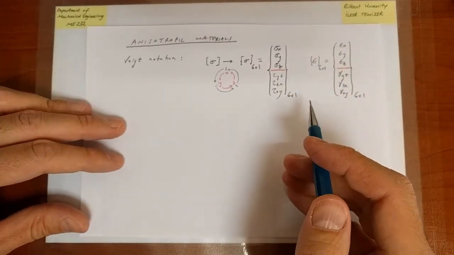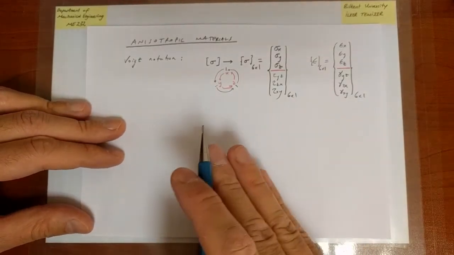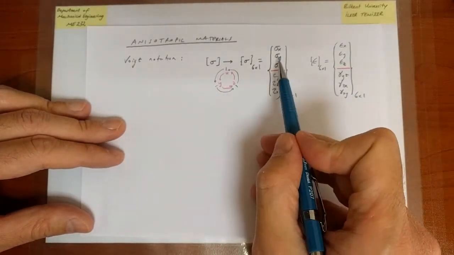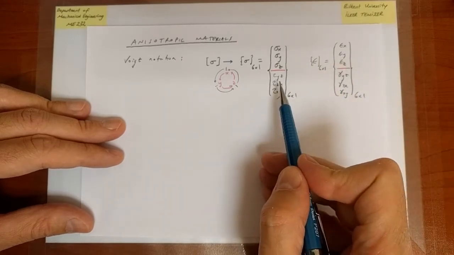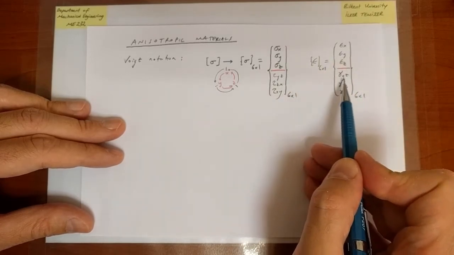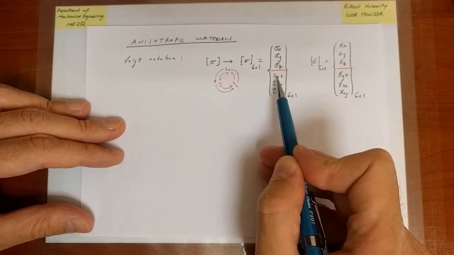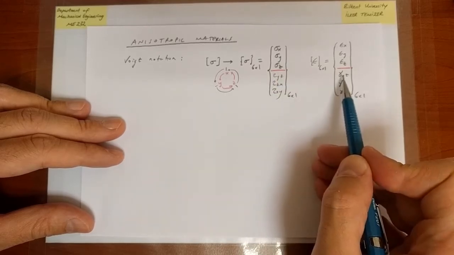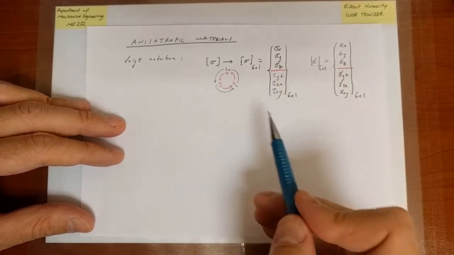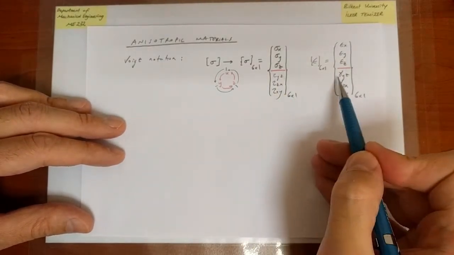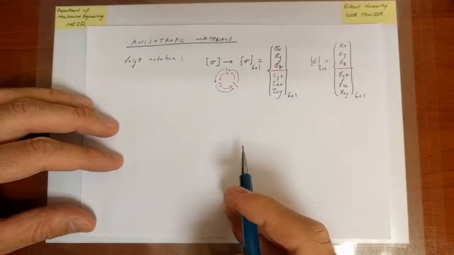So I want to discard the notion that only normal stresses affect normal strains and only shear stresses affect the shear strains, and in particular the notion that only tau yz affects gamma yz, etc. Perhaps these also affect gamma yz.